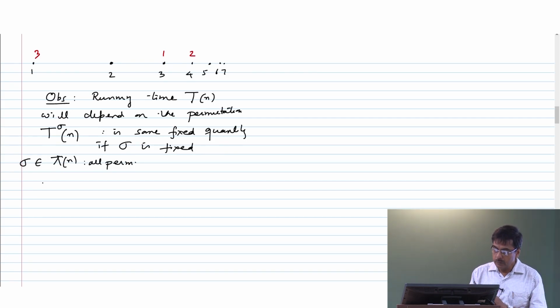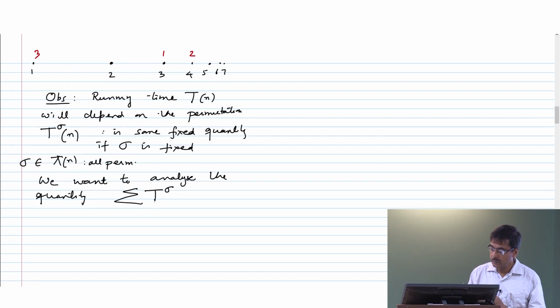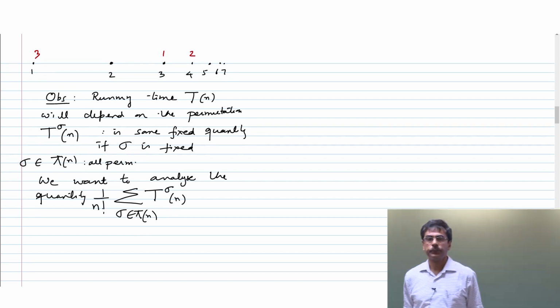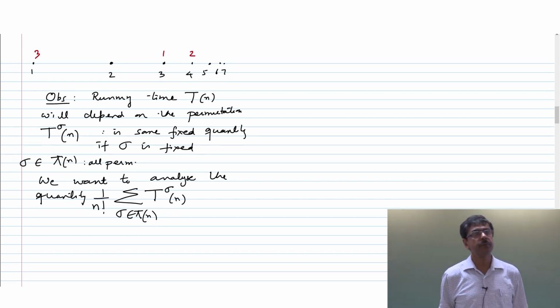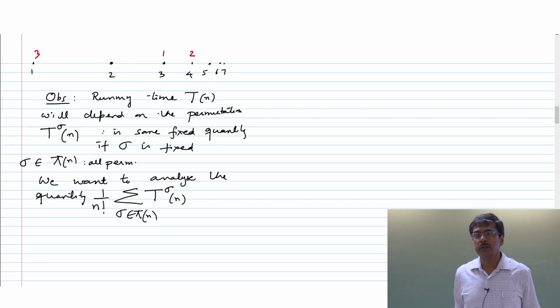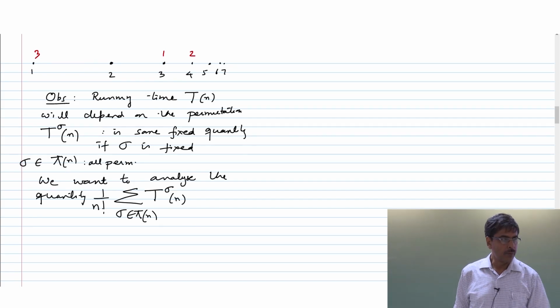So we want to analyze the quantity, because one of those permutations will occur with equal probability.